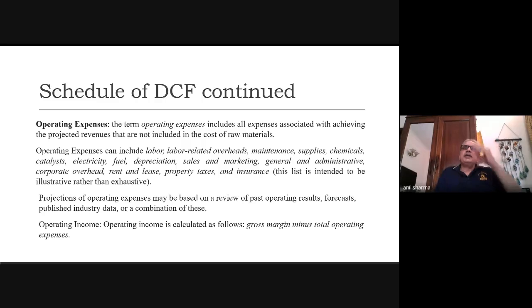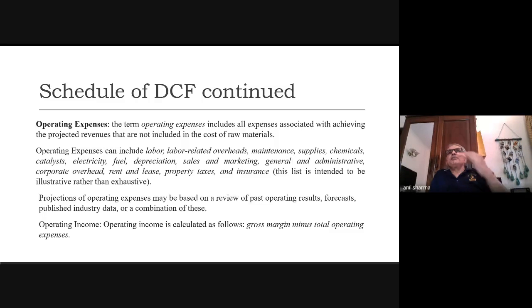And then you have the operating expenses, which are all the manufacturing expenses, the fuel, electricity, depreciation, sales and marketing costs, and general and administrative costs. All of these are operating expenses, and they are also reduced from the income of each year.